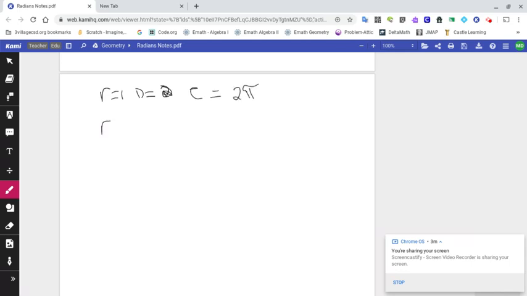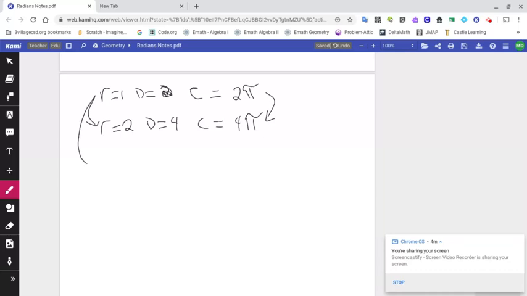If I multiply my radius by 2, now my radius is 2, my diameter becomes 4, and my circumference is 4 pi. By doubling the radius, I also doubled the circumference. That's what I mean by all circles being proportional to each other. They're in the same proportion as their radius.